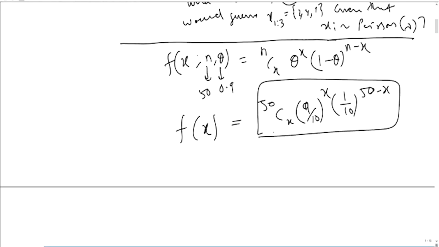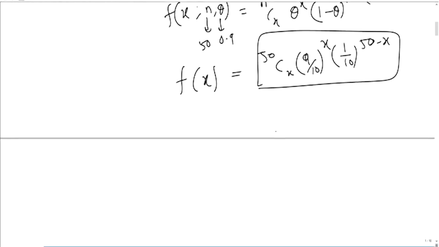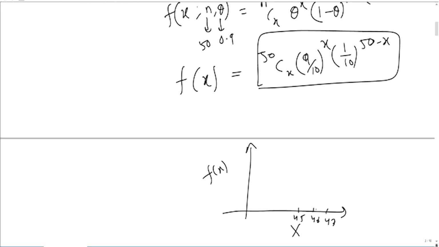And what kind of function exactly? Now x can take only discrete values. So the function is like this. On the x-axis, you would have values like 45, 46, 47, 44, 43, 42, and so on. These are numbers of correct responses. At 45, you would indeed have maximum probability, but you would have some probability value at 44, 43, 42, although lower.